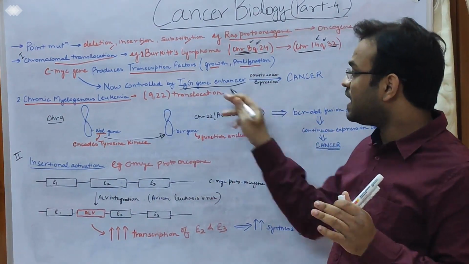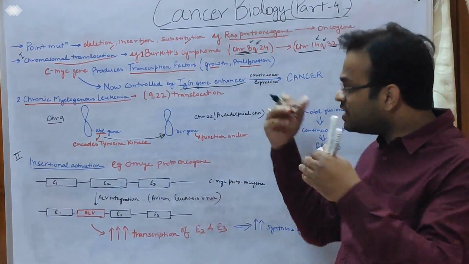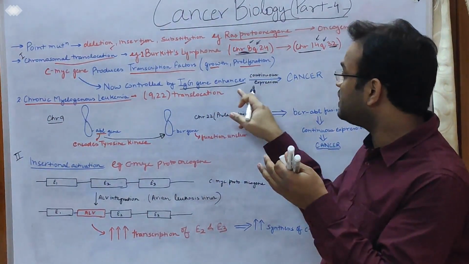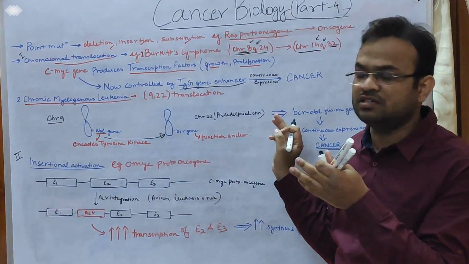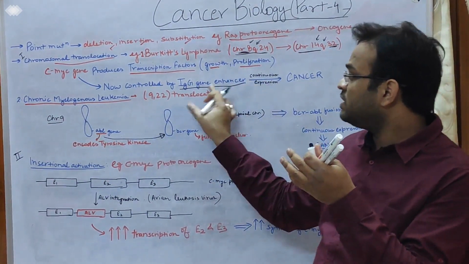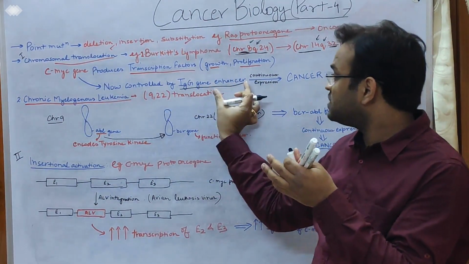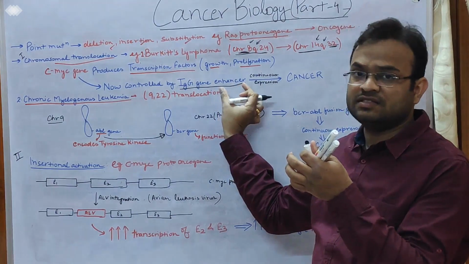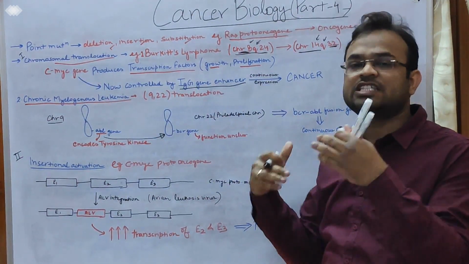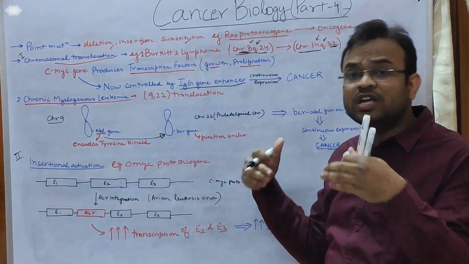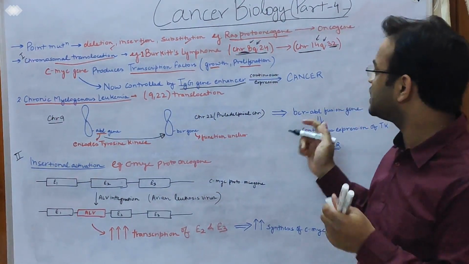We all know that the IgG gene is continuously expressed. Therefore, its enhancer is responsible for continuous expression of the IgG gene. Therefore, when this c-MYC gene comes in control of the IgG gene enhancer, the c-MYC gene is also now continuously expressed. That is, constitutive expression of c-MYC gene takes place.